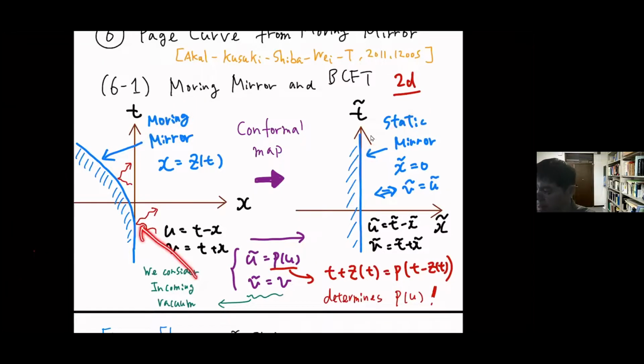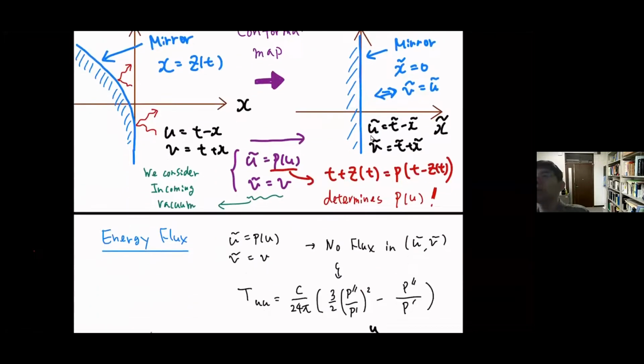The incoming wave is always the vacuum state, so we don't do any conformal transformation on v. Only a conformal transformation for the u coordinate, and p is fixed by the profile z. For any profile z, you can find some function p, so we can always describe the moving mirror using a conformal map.